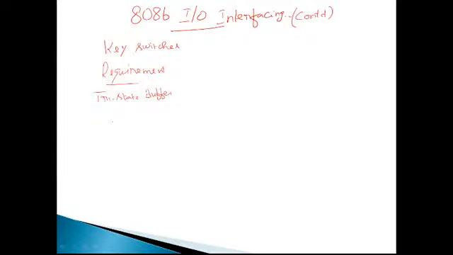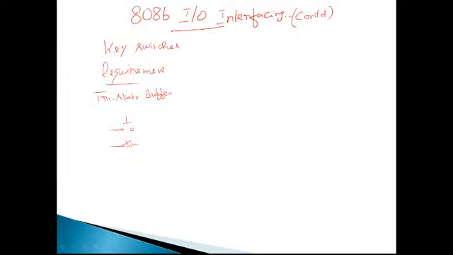A switch is a device which has two terminals. It may be either a push button like this, or a single pole, single throw switch like this. When you throw the switch, the contact is established. When it is in the normal position, the circuit is broken.